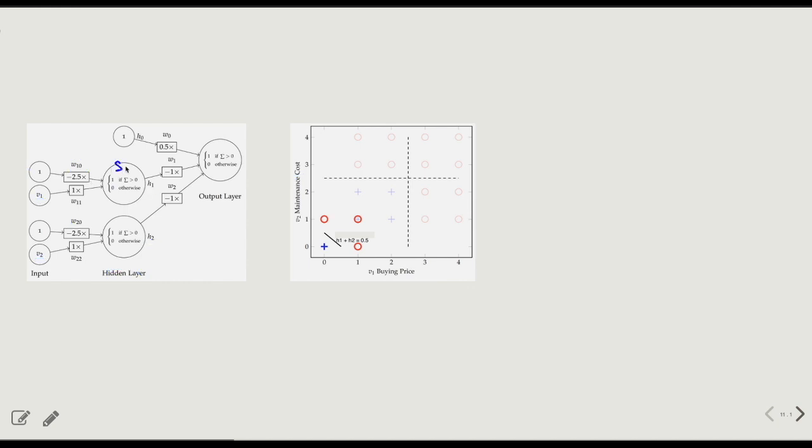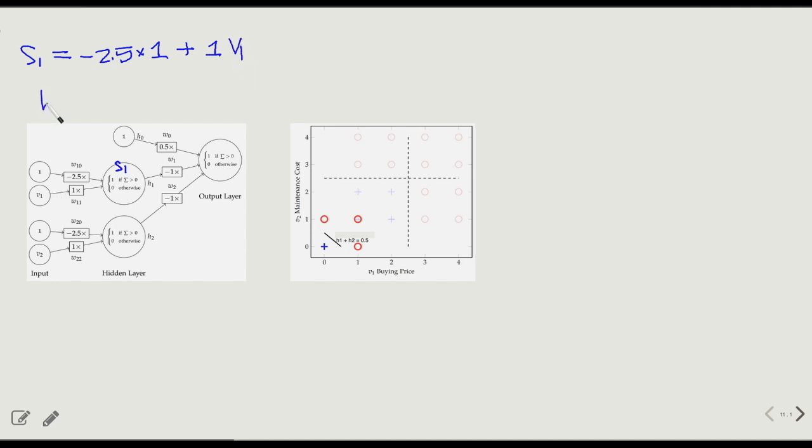So let's say the sum for hidden node 1 is S1. And so this S1, the sum, is the weighted sum of the input values, which is the weight of minus 2.5, which is the weight for the bias, times the bias, which is 1, plus the weight for the input value 1, which is 1, times V1.